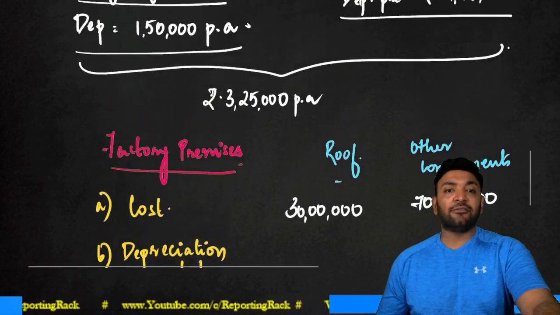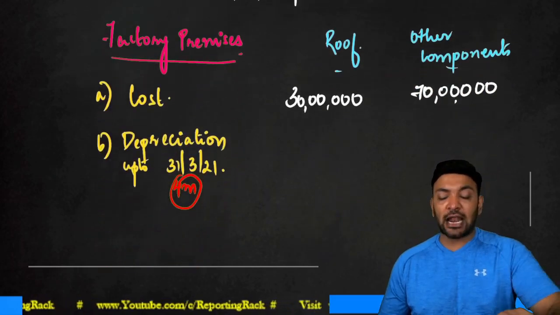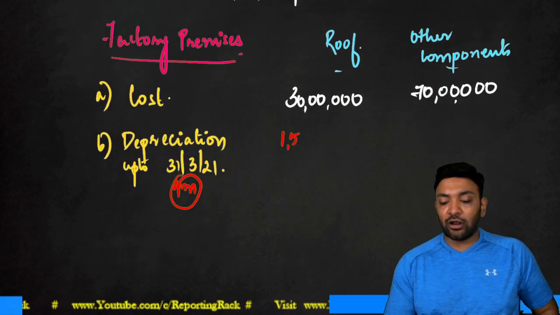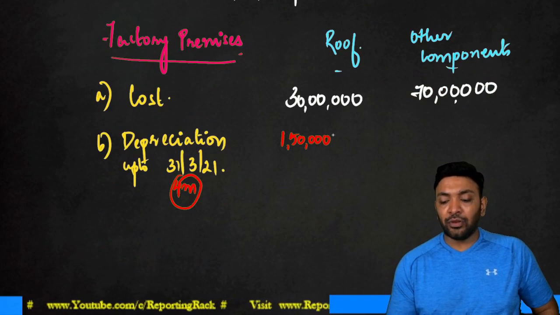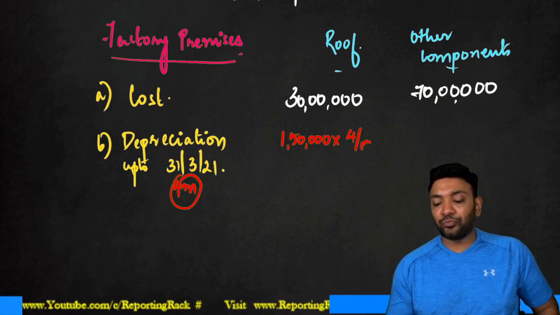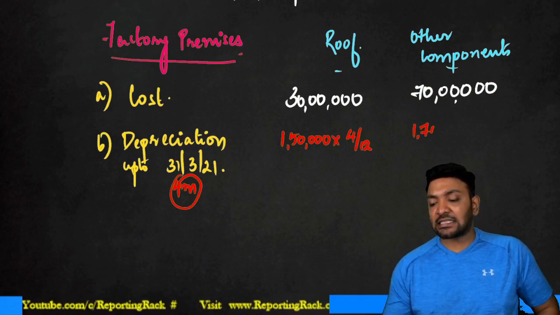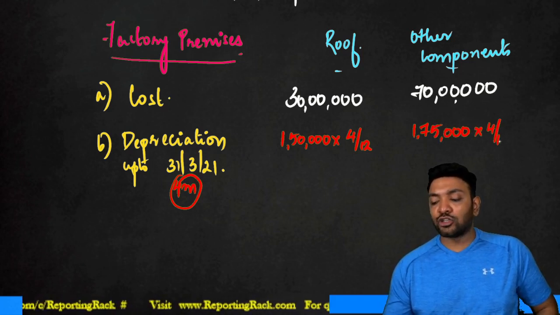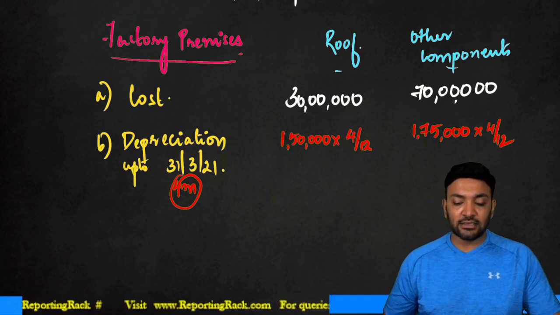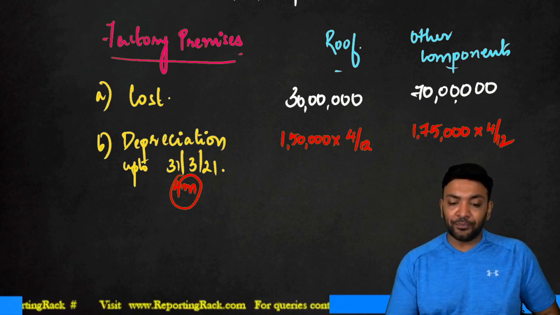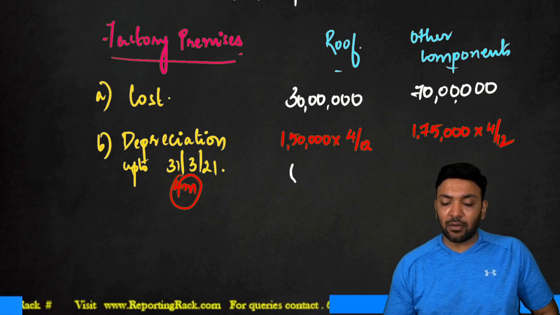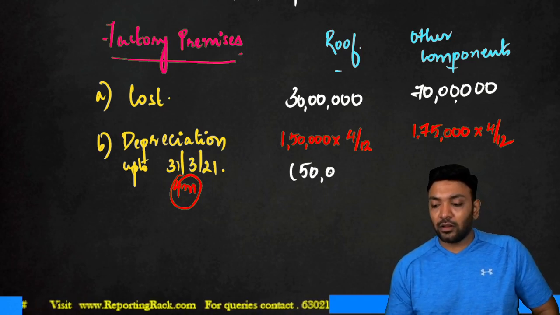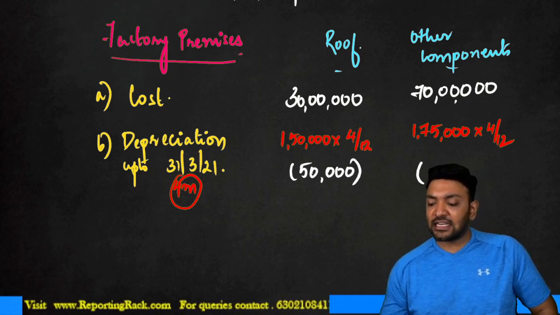Use your computation. First case, roof: 1,50,000 per annum into 4 by 12, divided by 3, is nothing but 50,000. Same way, 1,75,000 for other components per annum is also to be depreciated for 4 months. Other components depreciation is how much?